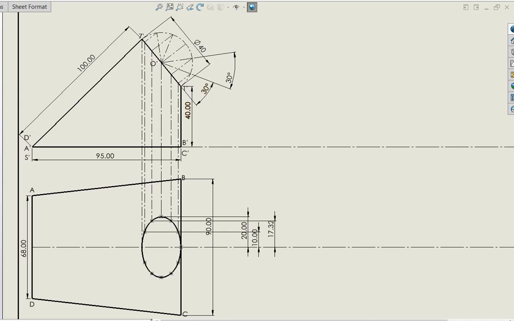To do that, I'm going to draw a plane. Assume a plane linking the 2 bases, the upper base and the lower base.